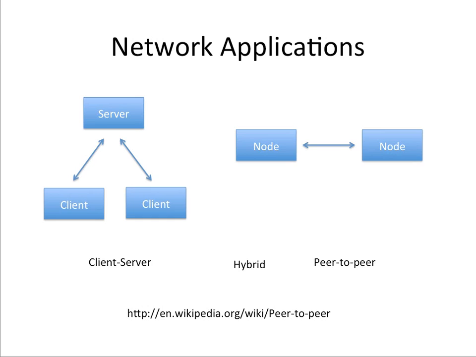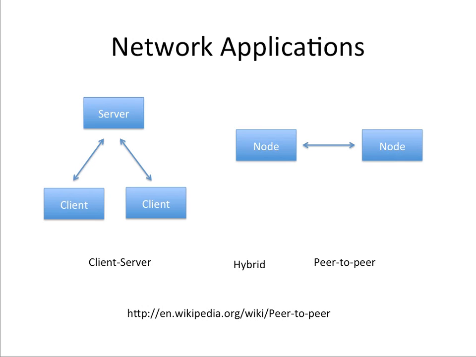For example, Facebook, right? It looks like a client-server type architecture. You're a client, and there's a Facebook server or a collection of them, and you are interacting with Facebook, right? But eventually, you'll have to communicate with your friend, who is not Facebook, who is not a server. Your friend is another client. So how do we actually get that to work?